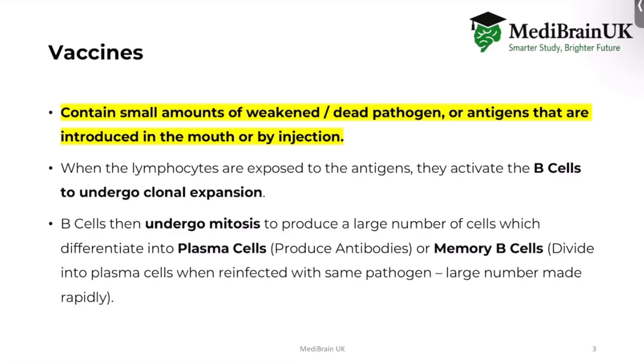So we would need a vaccine that would trigger our plasma cells to be produced fast. We don't care about memory B cells, we just need that venom to get out of our body. The plasma cells will produce the antibodies and counteract the venom that the snake has bitten us with.